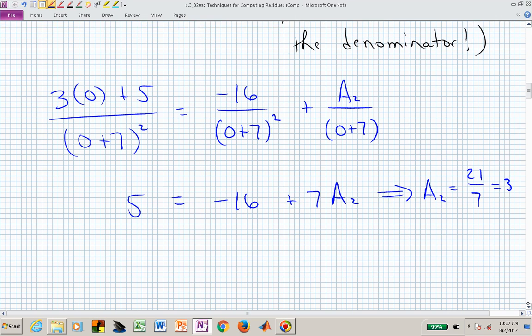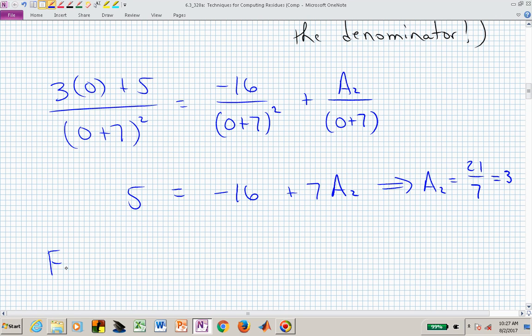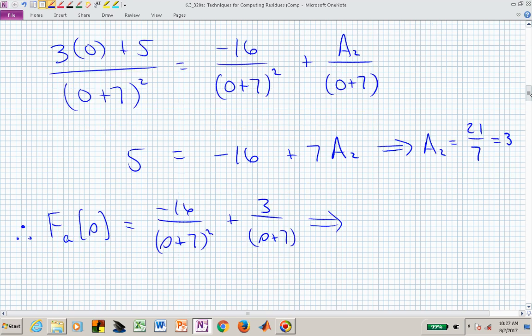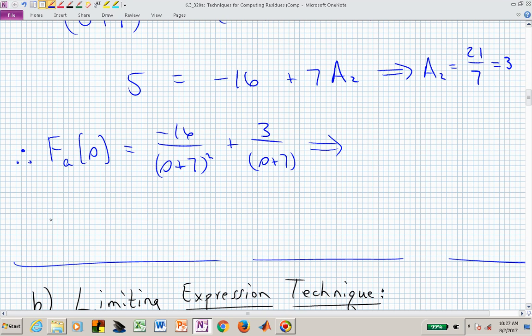which now means that f sub a of s, our partial fraction expansion, is now minus 16 over s plus 7 squared plus 3 over s plus 7. And that now allows us to take that into the time domain. F of t is now minus 16.